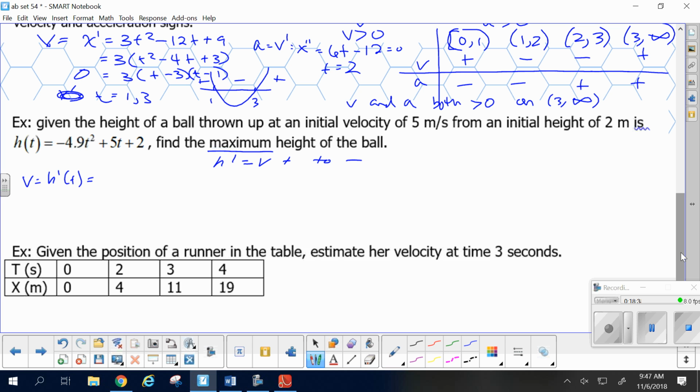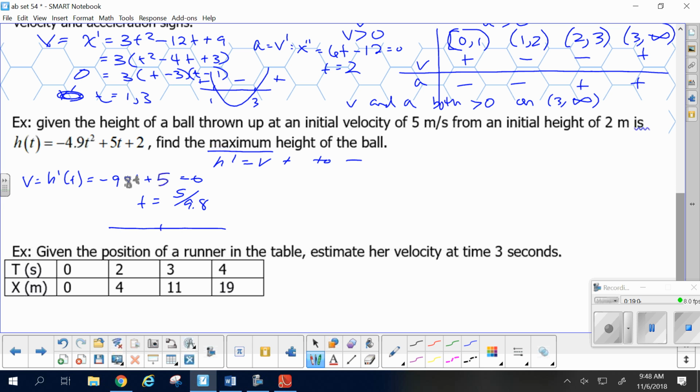What's the derivative of the height? Negative 9.8 meters per second per second. That's acceleration due to gravity. Plus 5 equals 0 at time equal to 5 over 9.8, or negative 5 over negative 9.8, or 5 over 9.8.